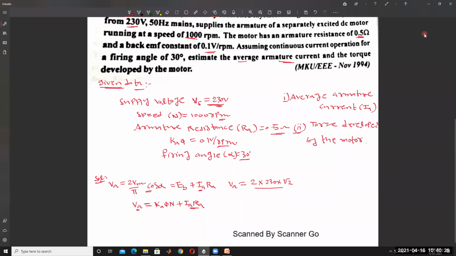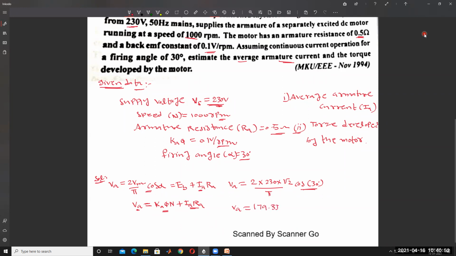So VA is equal to 2Vm by pi into cos alpha, that is equal to EB plus IA into RA. So VA is equal to K into phi into N plus IA into RA. Here VA is unknown. Cos alpha is for 30 degrees, same as previous problems.